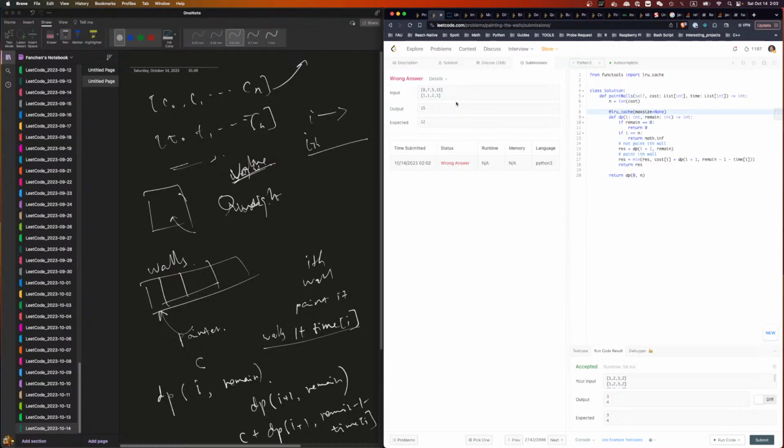I cannot do this way. I paint the ith wall.